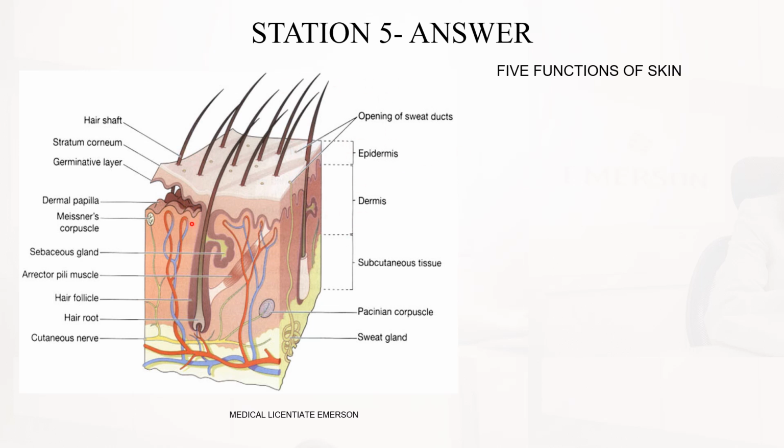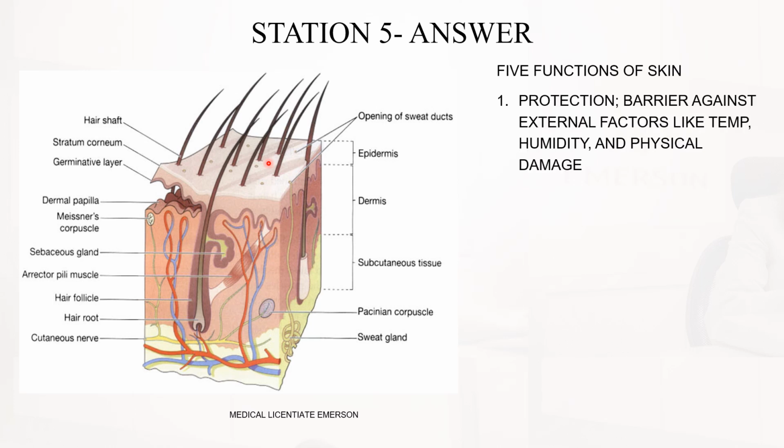You have the epidermis, the dermis, the subcutaneous layer. You have the sweat gland, the Pacinian capsule, the cutaneous nerve, the hair root, the hair follicle, the erector pili muscle. You have the sebaceous gland, the Meissner capsule, and the dermal papillae. So those are some of the things.